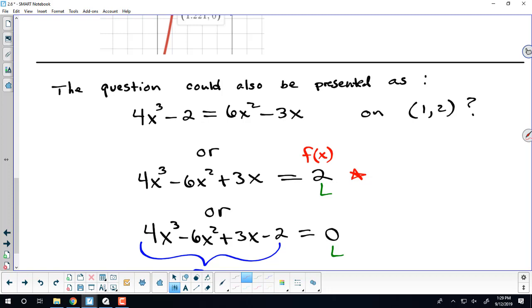But again, if it was an endpoint value, like if we plugged 2 as x into this function, then it would be immediately obvious: is f of 2 equal to 2? Then we would say, yeah, it happens at the endpoint, as opposed to saying it happens somewhere in between those values. Does that help? Does that make sense? Okay. Any other questions?